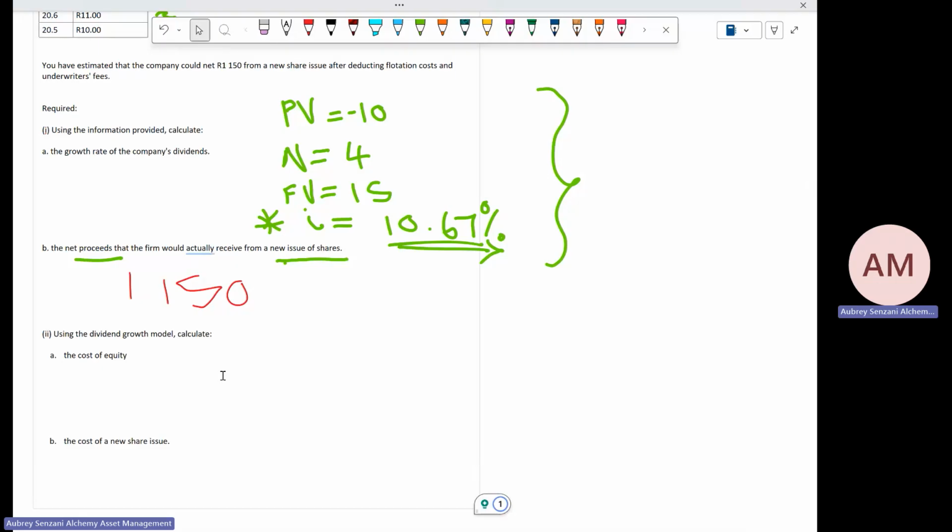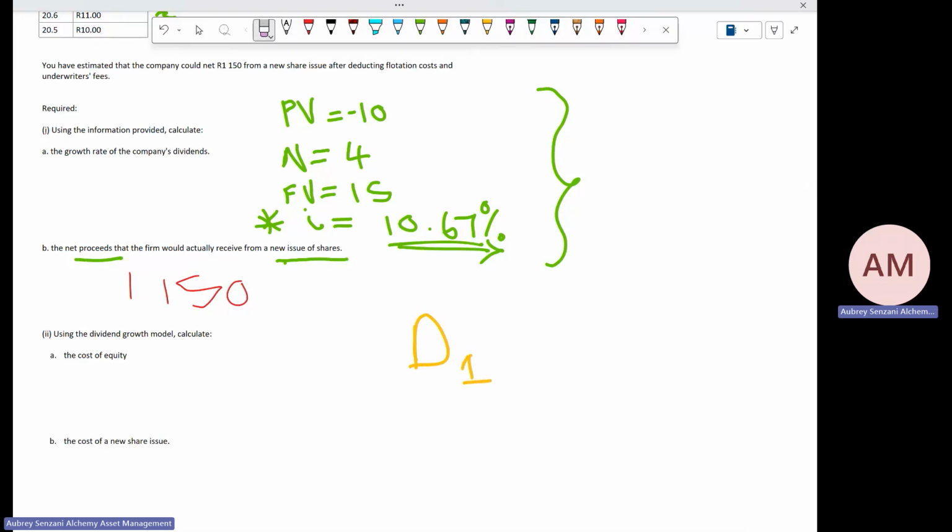First and foremost, what's the formula for the dividend growth model? Somebody help me. What's the formula for the dividend growth model? D1, oops, I don't know why I put an I there.